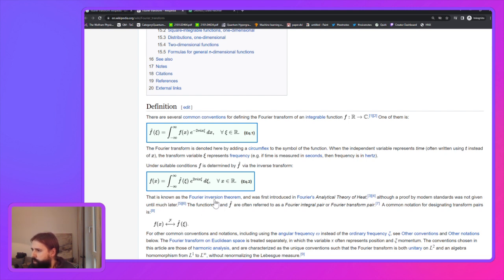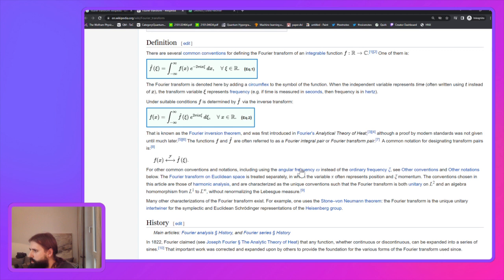That is known as the Fourier inversion theorem. That's the other thing. Angular frequency instead of ordinary frequency. There are other conventions.